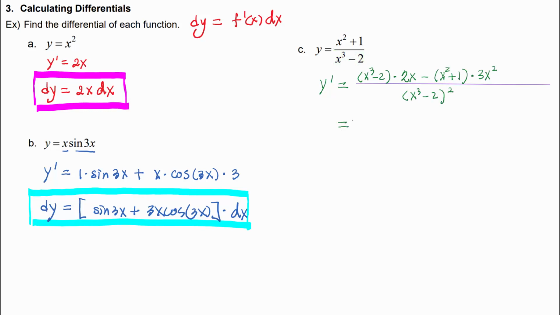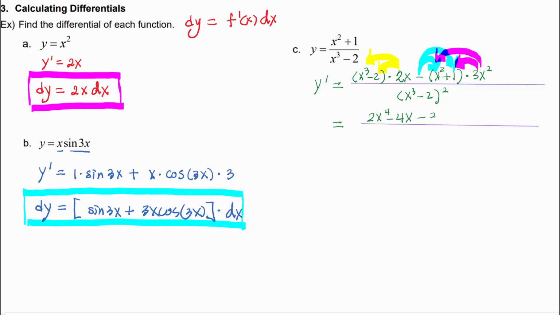When you simplify this, let's distribute. I get 2x to the fourth power minus 4x. I'm going to distribute the negative here. And I'm also going to distribute the 3x squared from the right as well. So minus x squared times 3x squared, when you multiply all of them, you get negative 3x to the fourth power.